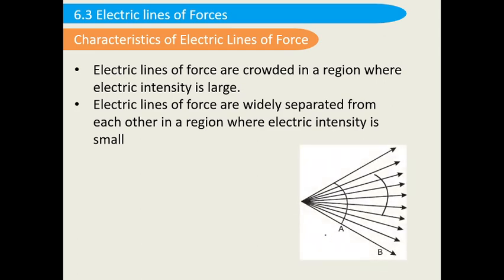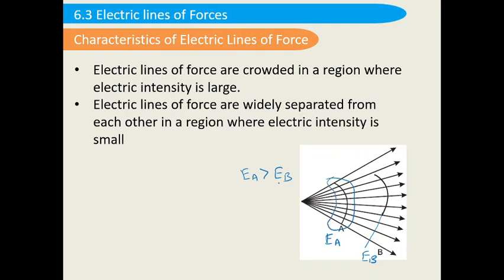So this is the example A and B again. This is the electric field at position A, and this is position B. Which one is greater? Obviously we will say, sir, EA is greater than EB. Why? Because here the density is more, here it is more crowded.